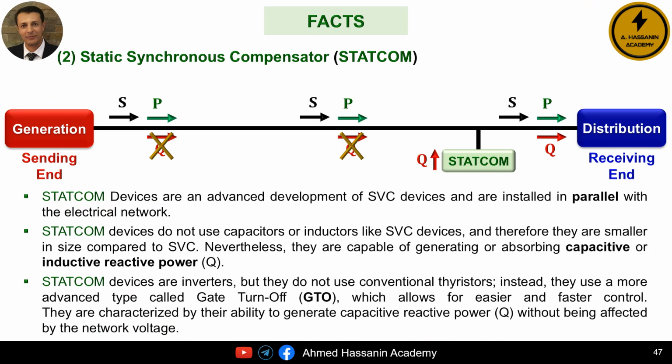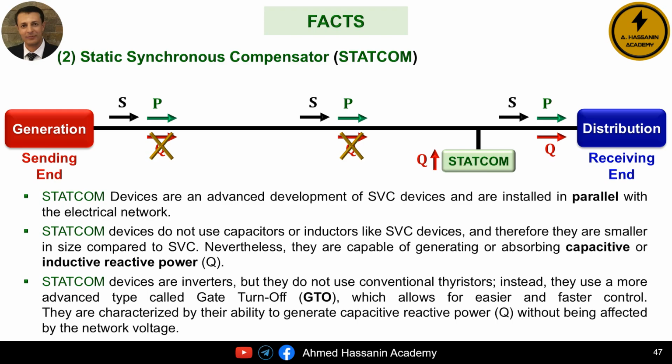The Static Synchronous Compensator, STATCOM, is considered an advanced development of the Static VAR compensator, and naturally this means it is also connected in parallel with the network. The second point is that the Static Synchronous Compensator, STATCOM, consists of inverters, and instead of using the conventional thyristor, it utilizes a more advanced type of thyristor known as the gate turn-off, GTO.